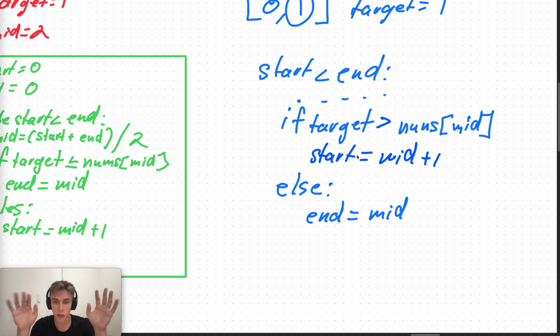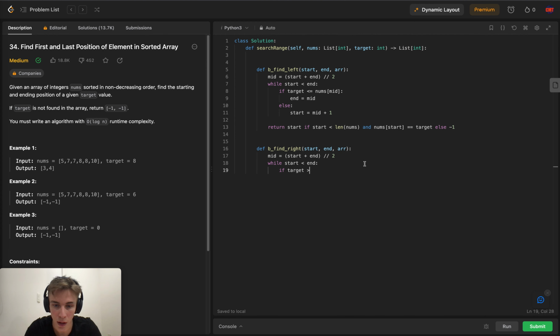What we're trying to do here again is eliminate the side of the array that we don't actually want to see. Else end is equal to mid.